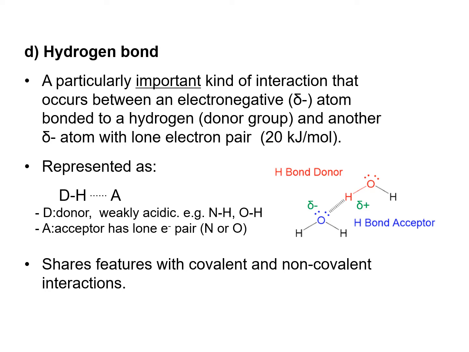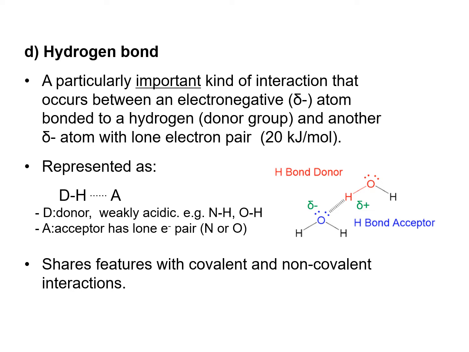So this hydrogen bond can be represented as D-H interacting with A, where D-H is a donor group with the hydrogen atom, and A is for an acceptor. The donor group is weakly acidic, and the examples include the amino group or the hydroxyl group.